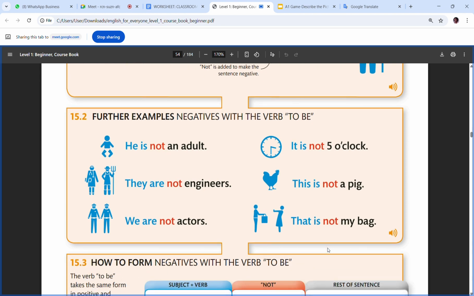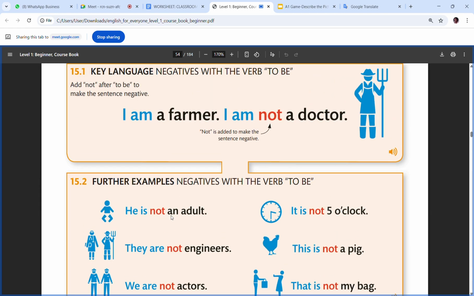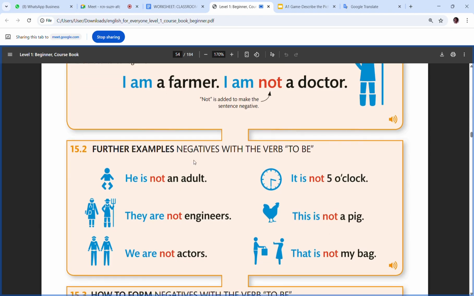Yeah, okay. So can you see how you have different ways that not is very important, okay? When you are dealing with the verb to be, not is very important, okay? When you want to form the negative for the verb to be.